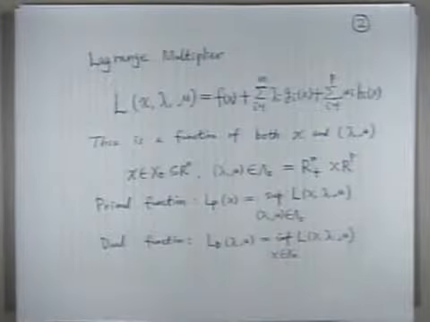So this is just the standard way of writing down the Lagrangian that connects both the objective function f of x and the inequality constraint g, which is a collection of these gi, and then the equality constraint h, which is a collection of these hj. And then this is, in fact, a function of both the decision variable x and the multipliers lambda and mu, right?